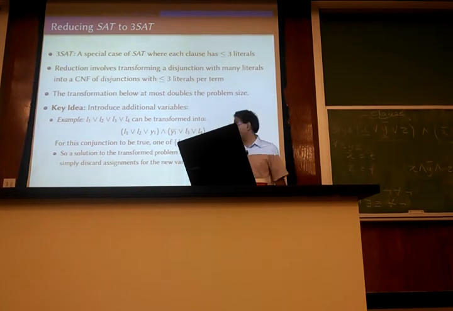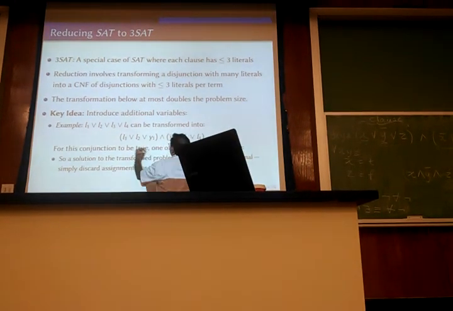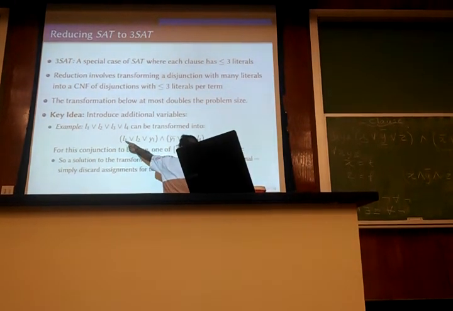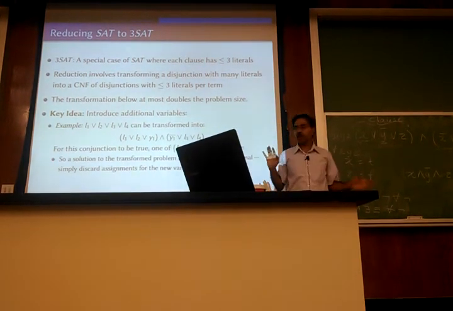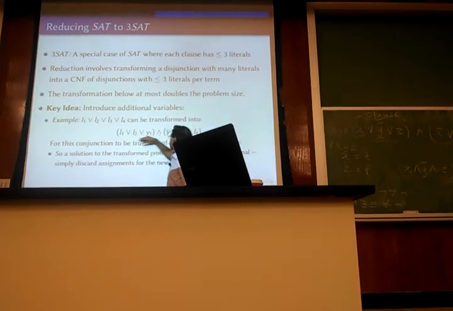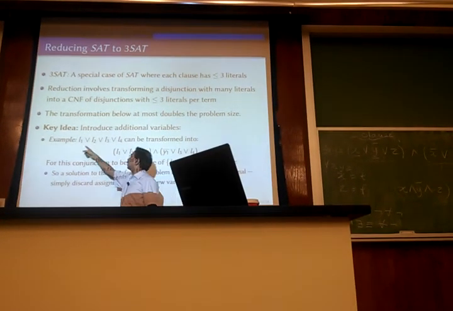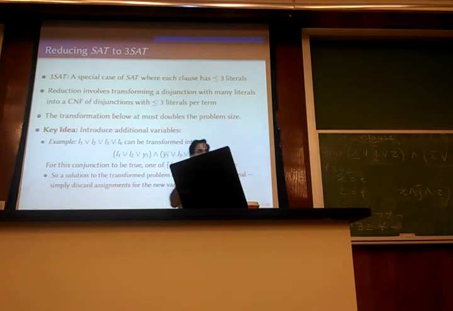Essentially what this formula has allowed you to do is to express the notion that one of L1, L2, L3, L4 has to be true. Only then this conjunction will be true, and that's exactly the meaning of this clause that has 4 literals.